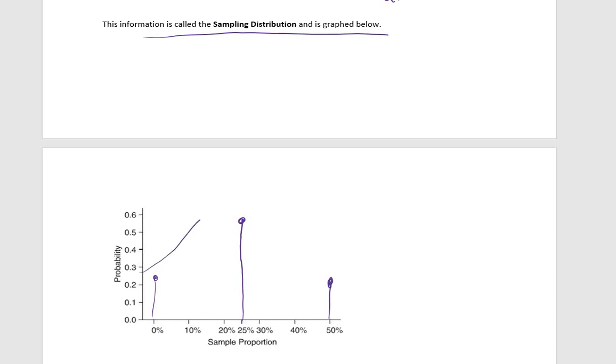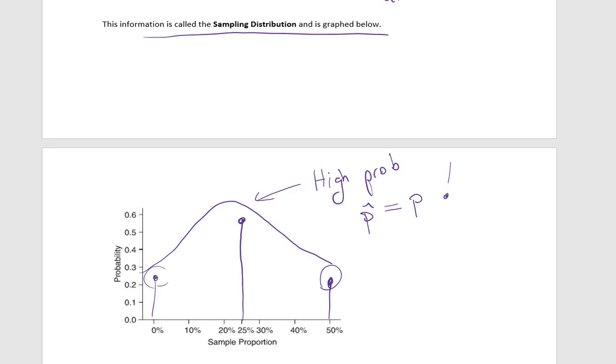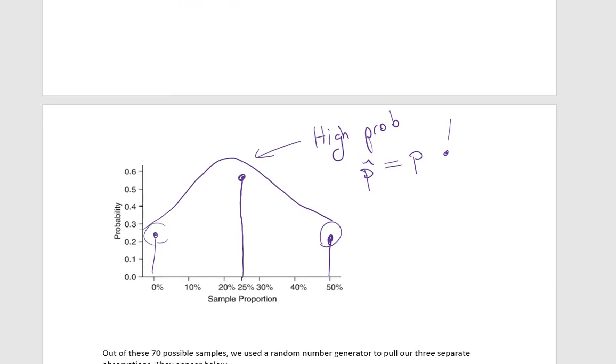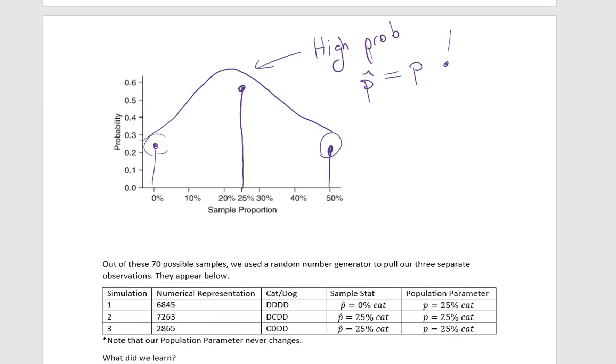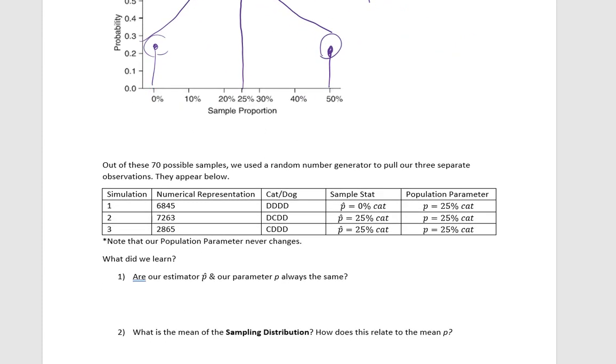So, what this means is that there is a probability that we're going to get a bad sample, but we have a high probability that our sample is going to be the same as our population, which is wonderful. Okay, so yeah, you might get a bad sample, but overall, most of your samples are going to represent your population.